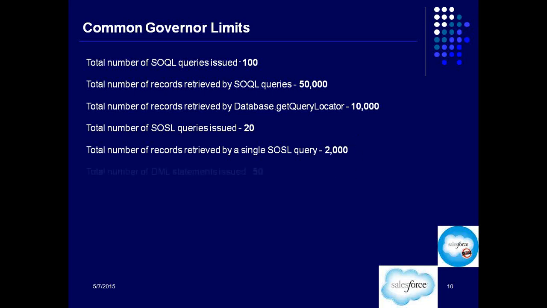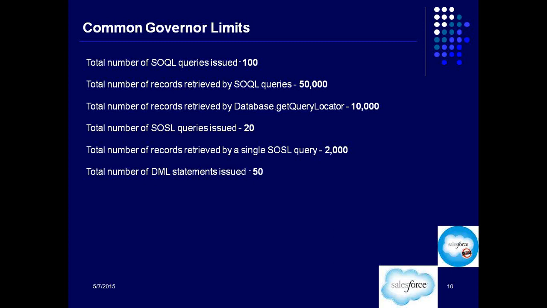Total number of DML statements issued is not 50, it's actually 150, sorry. So total number of DML statements which can be issued inside a transaction is 150 maximum. Correct? So not more than 150 DML statements can execute within one transaction. Again, the same logic.